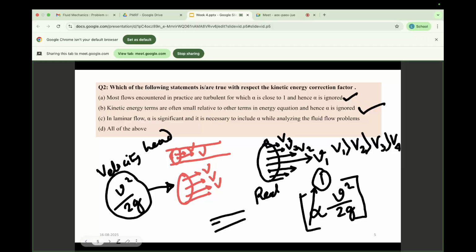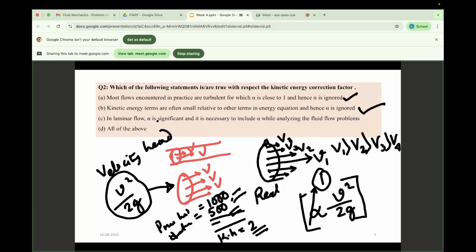If the pressure term and the datum term are quite high, say the pressure head is 1000 and the datum head is 500, and you find the kinetic head is, say, 2, then compared to 1000 or 500, this 2 is quite negligible. So we just ignore this kinetic energy term. So option B is also correct.